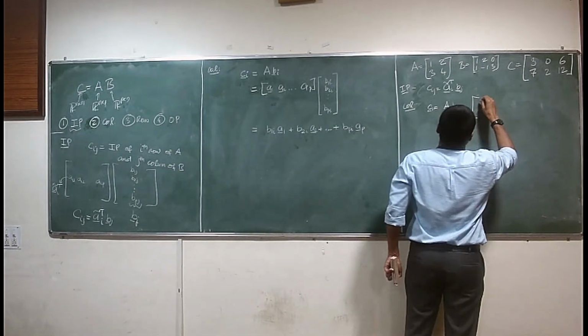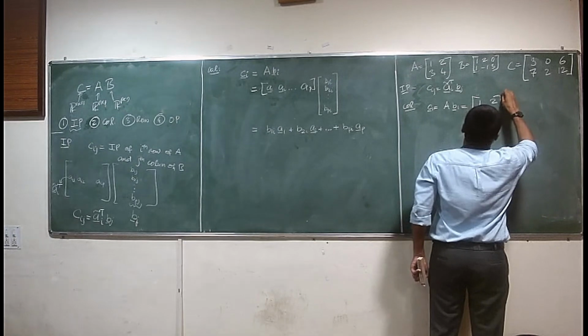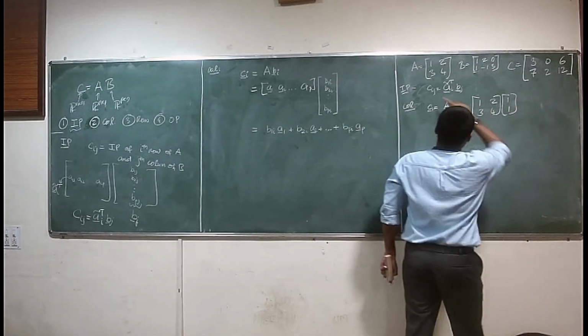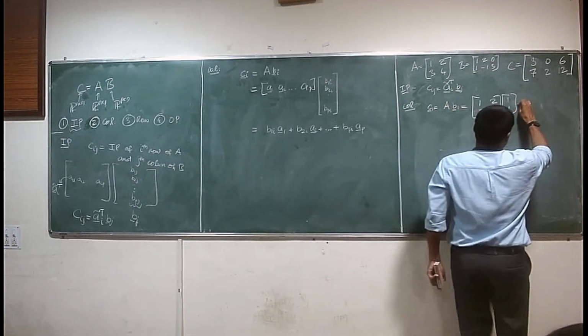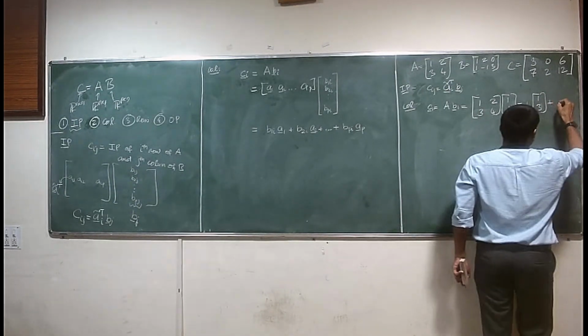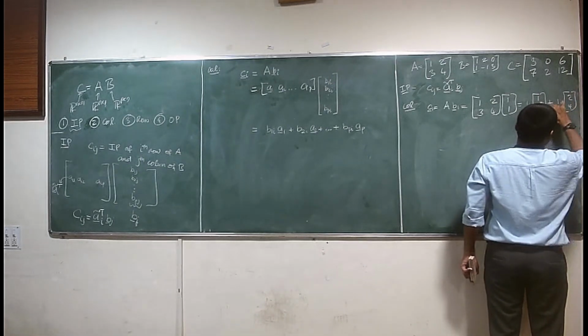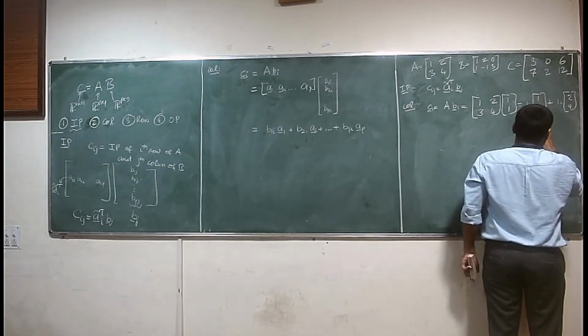This is 1, 3, 2, 4, and this is 1, 1. Let's not do the inner product. This is nothing but 1 times (1, 3) plus 1 times (2, 4). And what do I get? I get 3, 7.